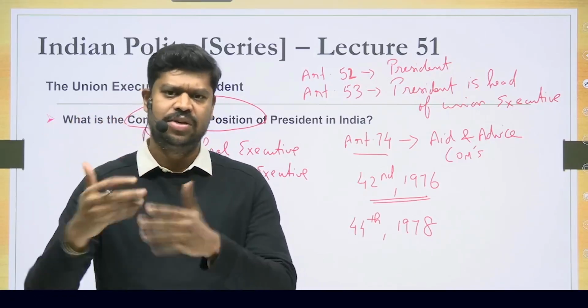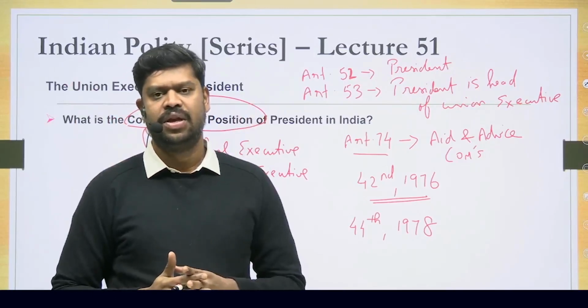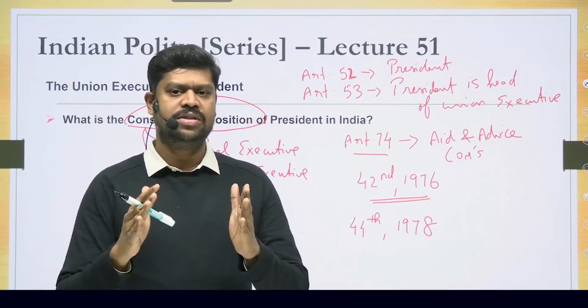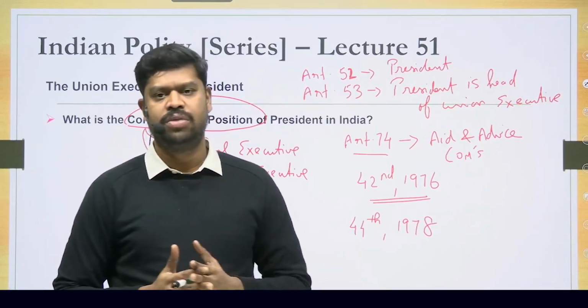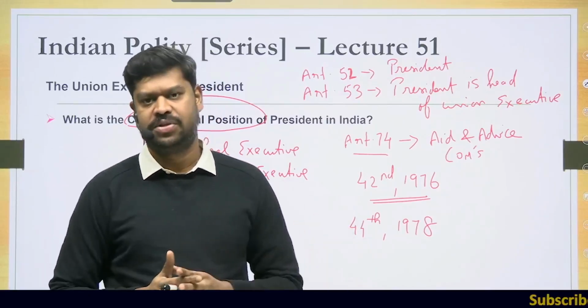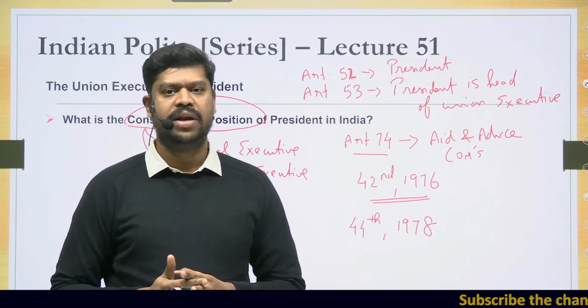He can send it once to the Council of Ministers, and if the Council of Ministers sends the advice back again, then it is binding upon the President. Otherwise, it is not binding upon the President.